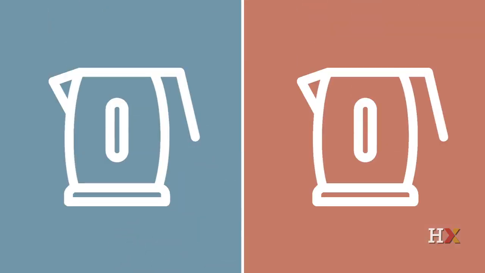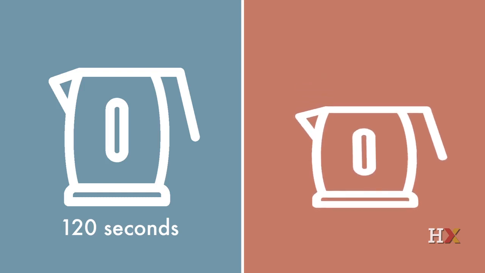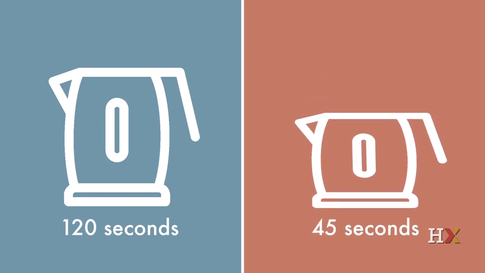Let me give you an example. There is a company in Europe that was making a water heater to boil a glass of water to have a cup of tea. The normal heater that they put in a glass of water would boil the water in a minute 20 seconds. Their marketing showed that if they reduce the time down to 45 seconds, they would get an extra 35% of market share.